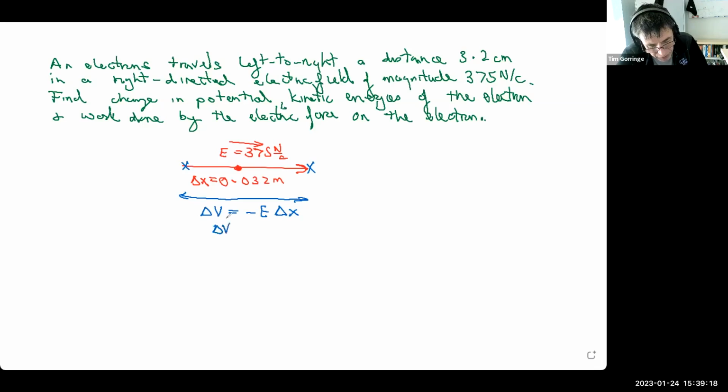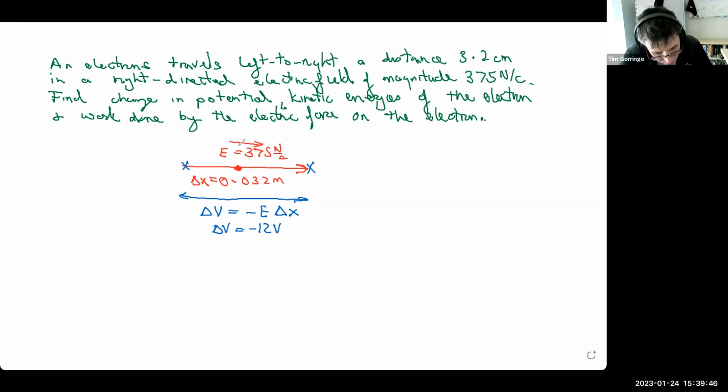Delta V, the change in potential, comes out to be minus 12 volts. So as the electron moves from left to right, it's moving from a region of higher electrical potential to lower electrical potential. Its electrical potential has decreased by 12 volts in traveling from A to B, from the left to the right. That's one thing I wanted to add to the plot.